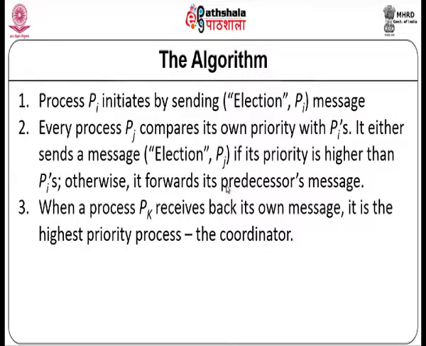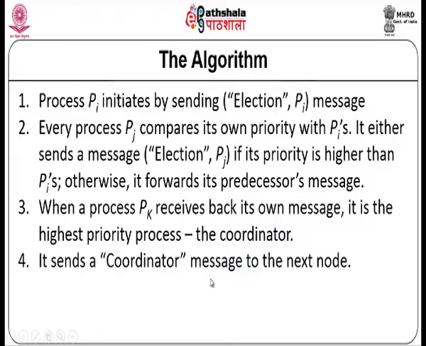Because if Pk is not the highest process, then other processes would have changed the ID. Since Pk has received back election comma Pk, it means nobody after Pk has changed the ID, and therefore Pk understands that I am the highest node in the system and therefore I am the coordinator.